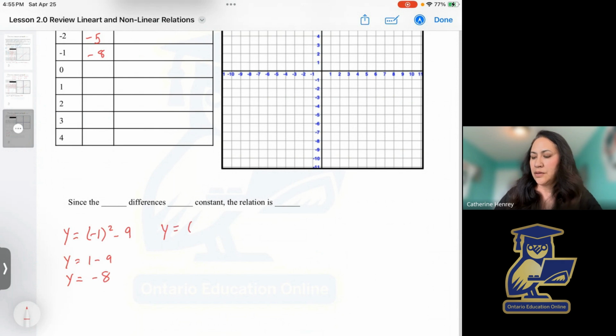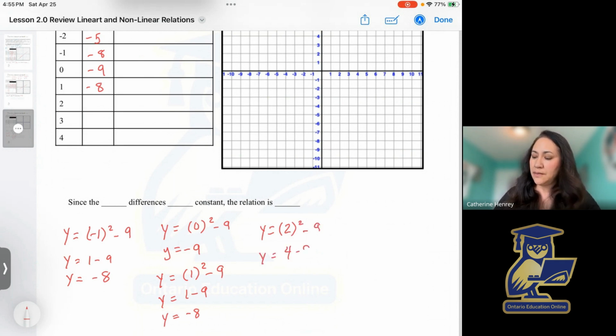y equals 0 squared minus 9. y equals -9. y equals, substitute 1 here, 1 minus 9. y equals -8. Next, we'll sub in 2, so y equals 2 squared minus 9. y equals 4 minus 9. y equals 5.